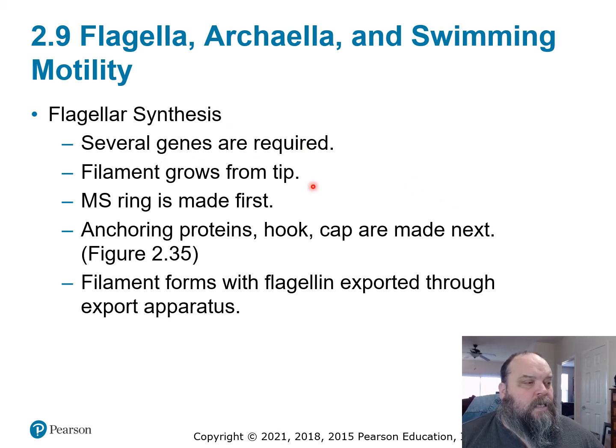What's interesting is, unlike other things biologically, this grows from the tip out. It's not that it starts at the base and the base just continues to expand and pushes the ends out. No, it builds at the end.